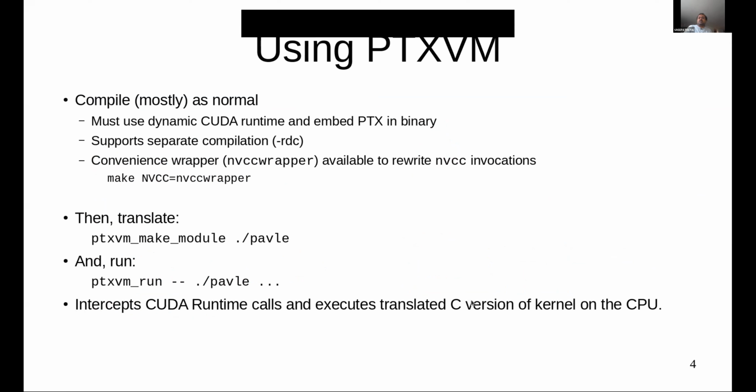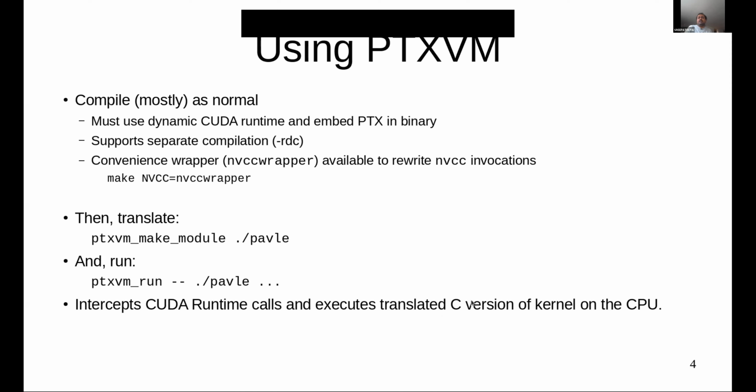We also support separate compilation, which is something that's available since CUDA 5. And to make all of this easy, we provide a convenience wrapper called NVCC wrapper, which will intercept NVCC invocations and rewrite the NVCC command line so that you can do all of these things without changing your makefiles and all that sort of stuff.